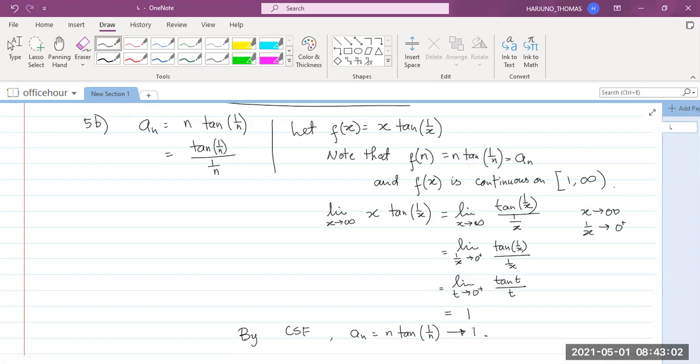So when you say substitution, it seems like you already see that this is tangent x or tangent blah over blah. When blah goes to 0, it goes to 1. But the thing is, we need to have some interplay between the 1 over n, which is discrete, and n, which is discrete, so 1 over n is also discrete.